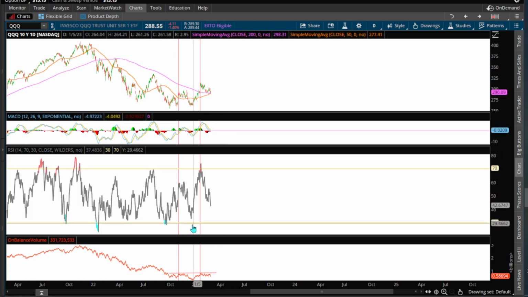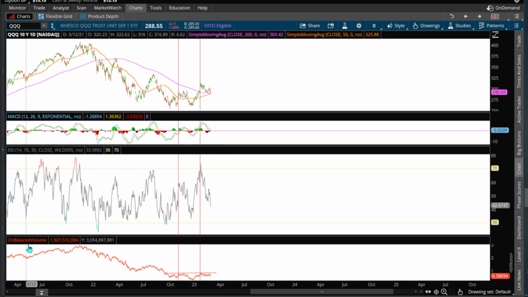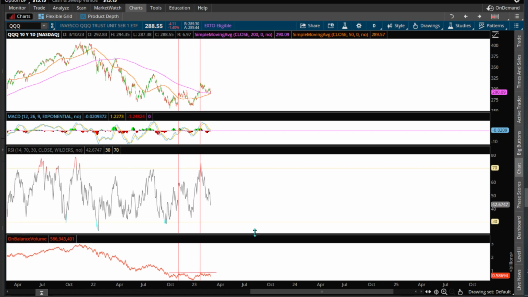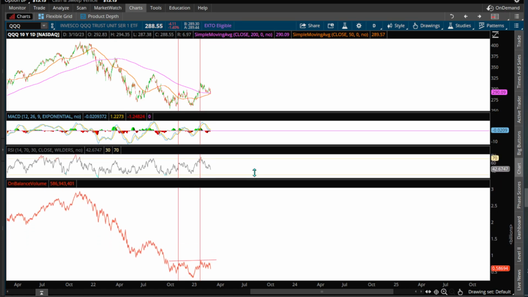Now, here is the interesting thing about the on-balance volume. So this is the indicator that I recently learned about. Now, if you look right here, essentially, we can draw this little line right there. And this is basically giving you an idea of the volume profile. So what we're looking for on balance volume, or OBV, is we're essentially looking for divergences.